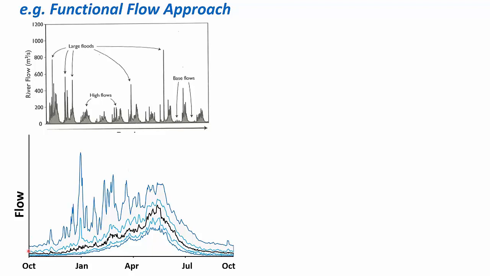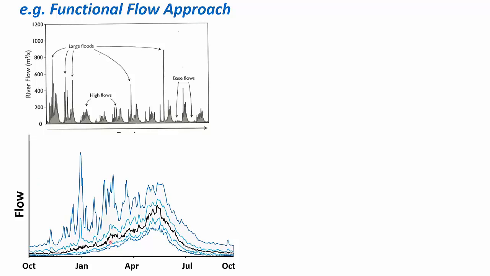If you do that not only for October 1st, but for every day throughout the year, you can get a picture like this. And this is the flow regime. Think of it as the signature of how the river looks throughout the different years.